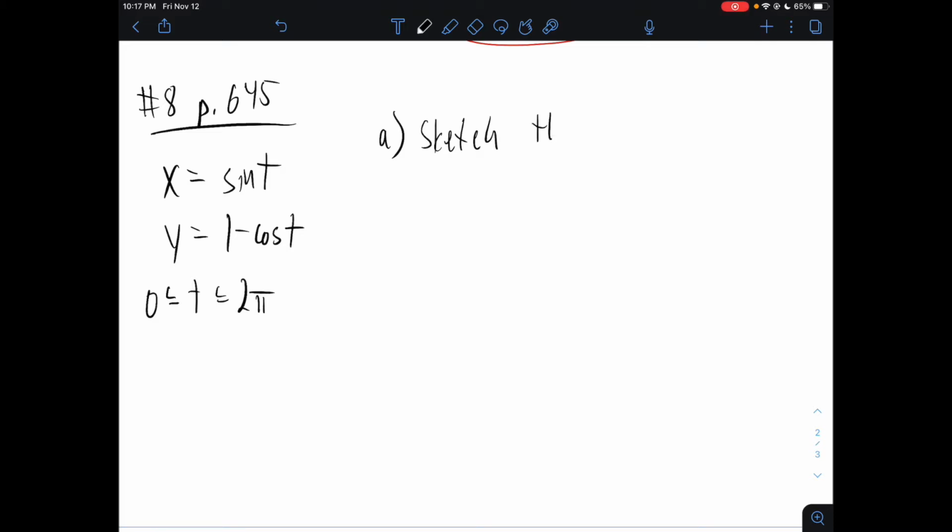Sketch the curve. And we're also going to use arrows to show the direction in which the curve is traced. Because essentially, since t is going from 0 to 2 pi, that has an idea of increasing. And as that happens, the coordinates that we're looking at, x comma y, are going to be moving along the curve.